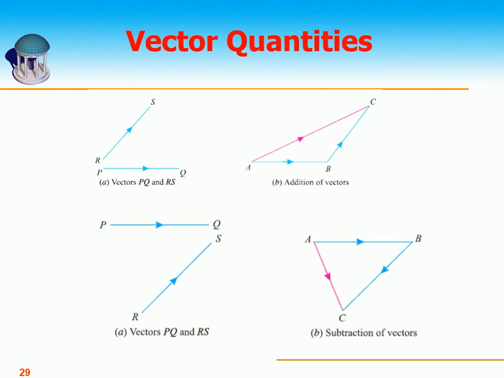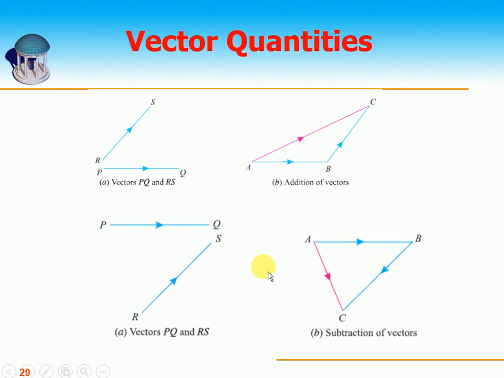Head to tail rule means the tail of the next vector coincides with the head of the preceding, previous vector. And this pink colored vector is the resultant, with its tail coinciding with the first tail and its head coinciding with the last head.